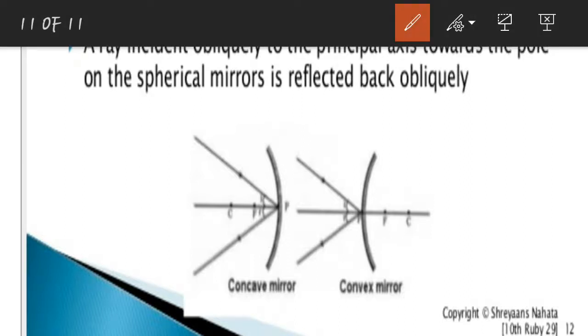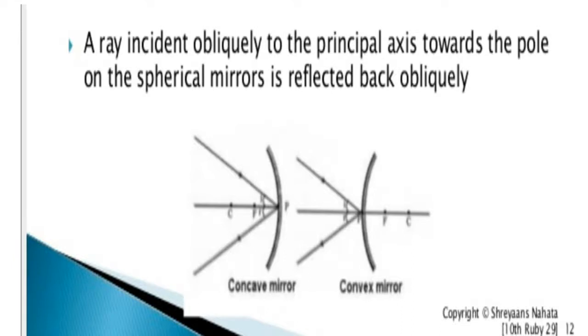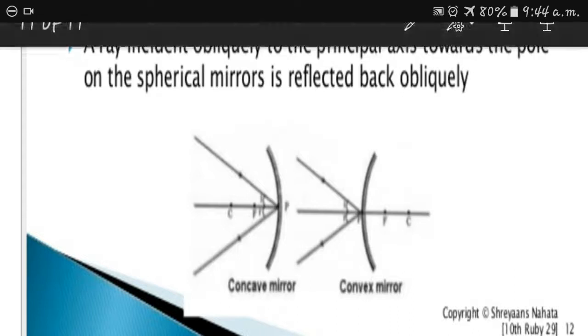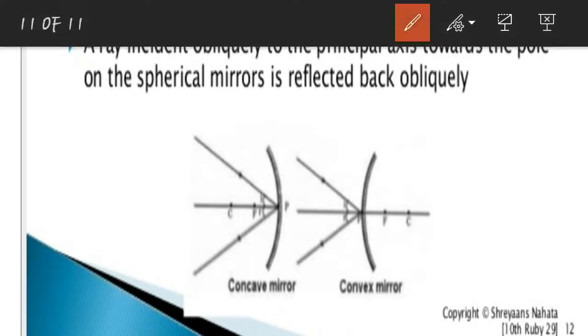Then the fourth rule is, when a ray is incident obliquely to the principal axis towards the pole on the spherical mirror, it reflects back obliquely, means it is going to be the same as we can see about the angle of incidence and angle of reflection.